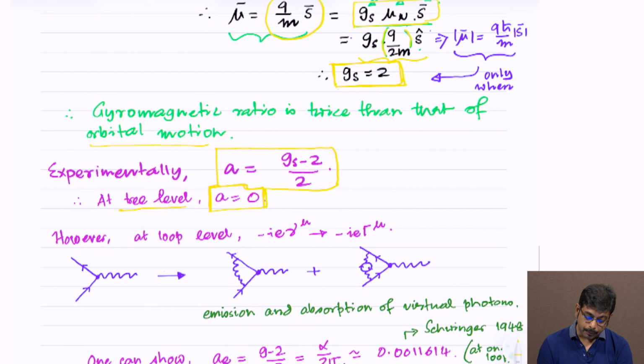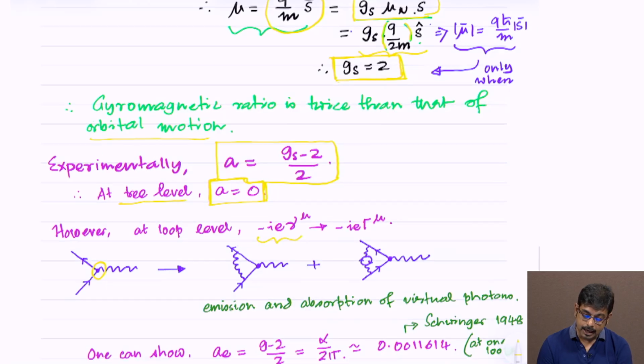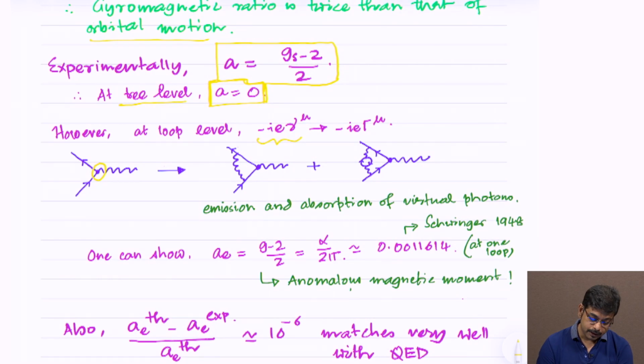This is a very important point. The measurement of this particular vertex, which we wrote as minus i e gamma mu, is not only this, but it has all the higher order corrections, the quantum corrections, which have the possibility of emitting a virtual photon between these two vertices.